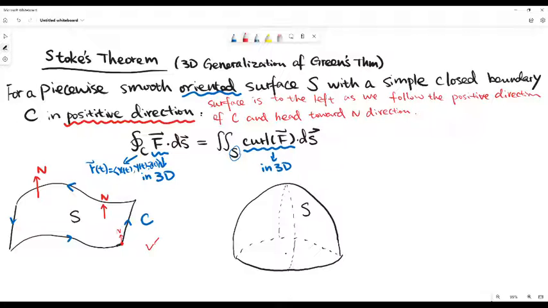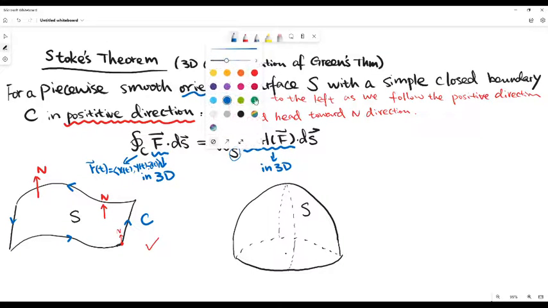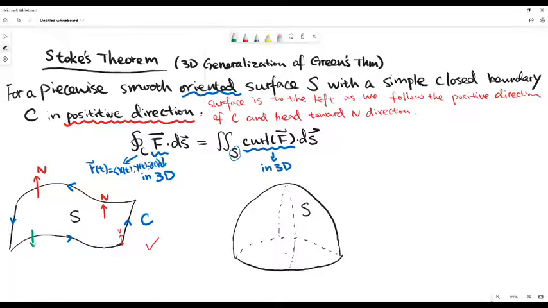However, if we turn the orientation to the other side, so let's assume that all our normal vectors now, right? Let me change the color. If we assume we're going to have downward orientation, so all my normal vectors are pointing downward, then when I'm standing on the curve and walking along the curve C, now I should be standing head down as well.